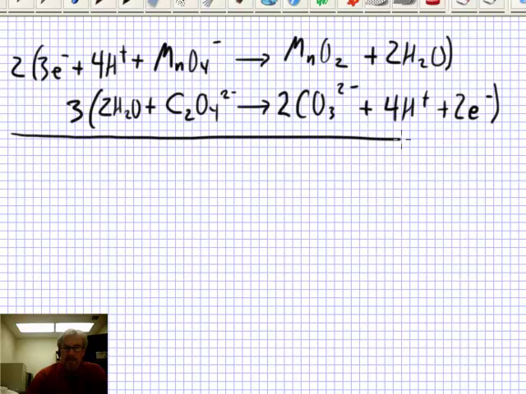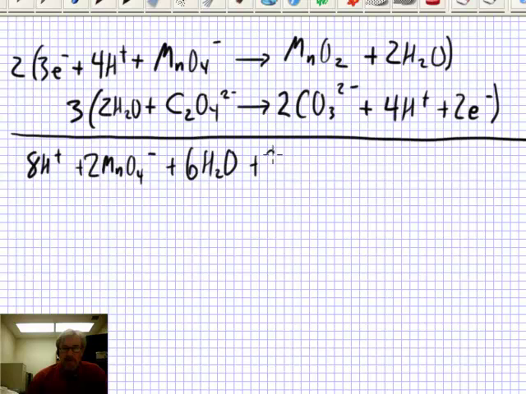So 2 times 4 is 8, so I have 8H plus on the left, plus 2 permanganate, plus 6 water, because 3 times 2 is 6, plus 3 oxalate, C2O4 2-.